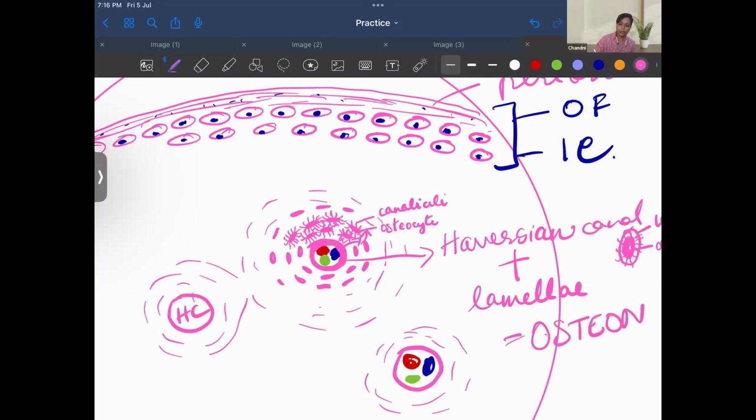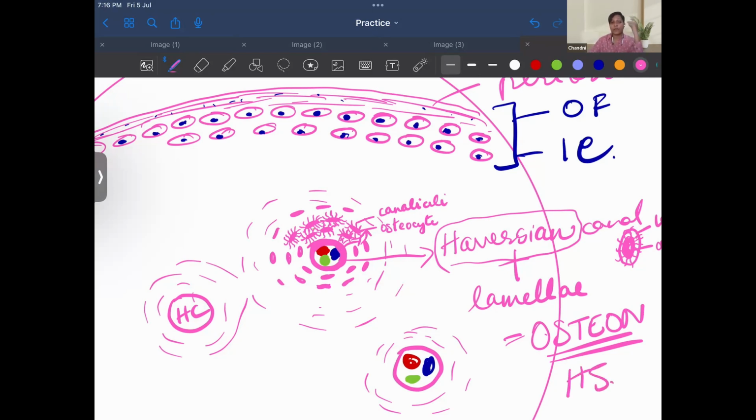This is an important word which you have to remember. Yes, osteon. Okay. What is the other name for osteon? Remember the first thing in the formula here. What is the other name for an osteon? Anybody? Haversian system. Correct. So an osteon is also called a Haversian system.